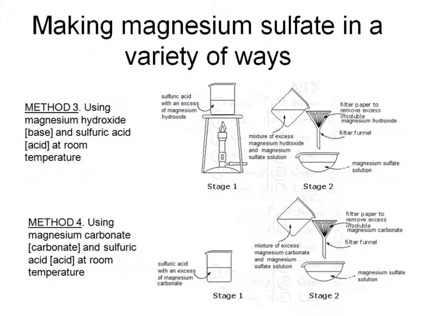And method 4 might use magnesium carbonate to neutralize the sulfuric acid. This, when it's added to the acid, would make bubbles of carbon dioxide and a solution of magnesium sulfate, which then would be filtered away from the excess magnesium carbonate to again give you magnesium sulfate solution to concentrate up and make some crystals. So how do we decide which of the 4 methods is the best?